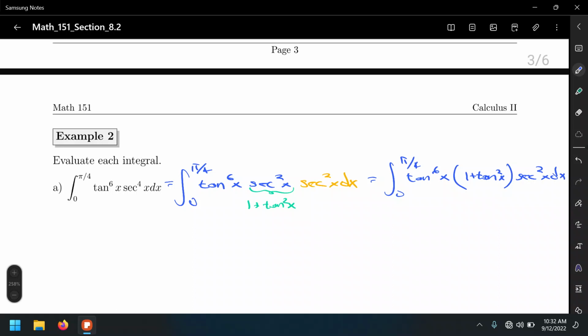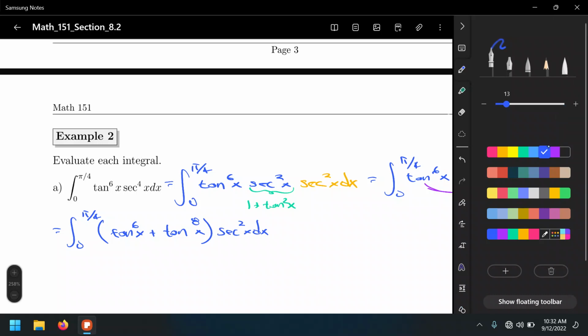So how about we distribute this tangent to the 6th, so we can have individual powers of tangent. That gives us the integral from 0 to pi over 4 of tangent to the 6th plus tangent to the 8th, times secant squared x dx.